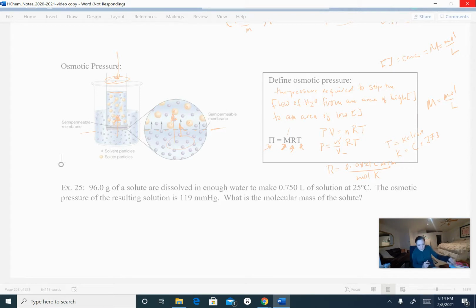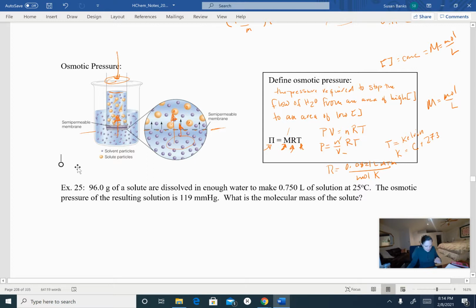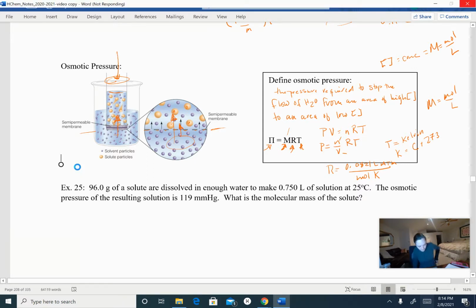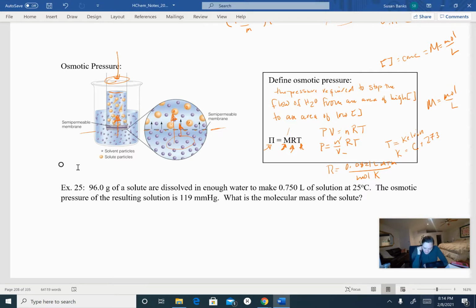Let's take a look at this problem. Because we are dealing with stuff that is biologically induced, usually that's what we're dealing with in osmosis, we are dealing with really, really large molecules. So don't be surprised when we get a ton of mass for our molar mass here. I've got 26 grams of a solute dissolved in enough water to make 0.75 liters of solution at 25 degrees Celsius.